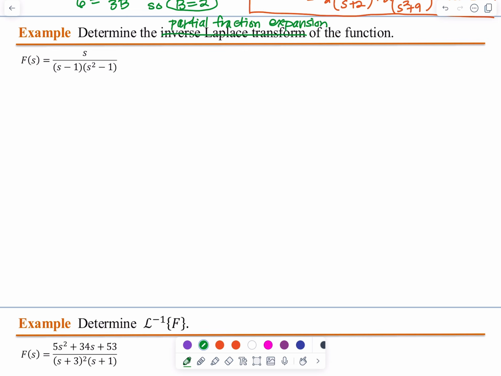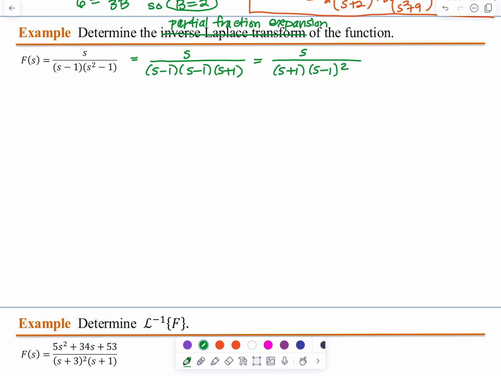So we can already see here that we have s minus 1, s plus 1. We have that difference of squares. So as you can see, we have s divided by s plus 1 multiplied by s minus 1 squared. So we have a repeated linear factor along with a non-repeated.